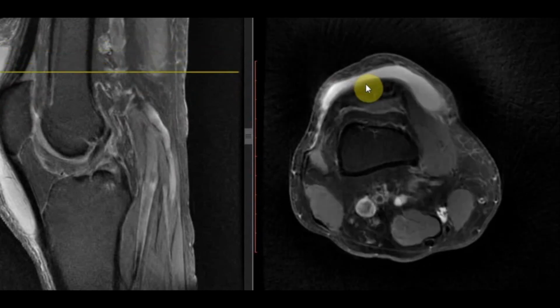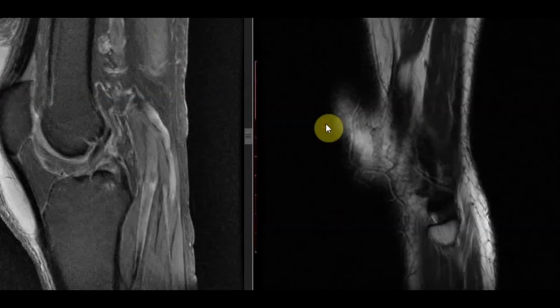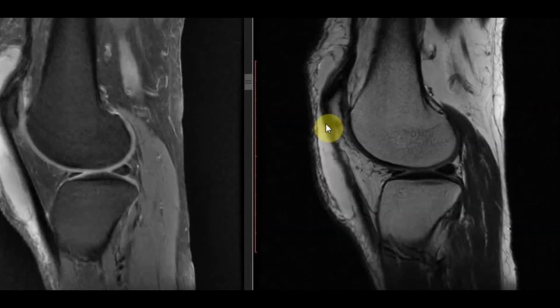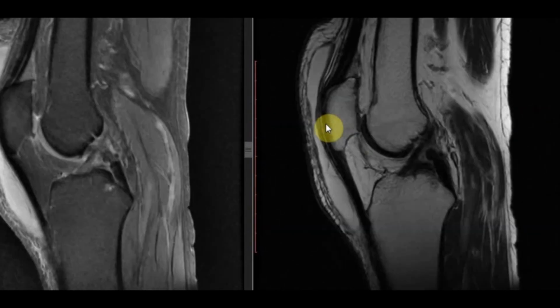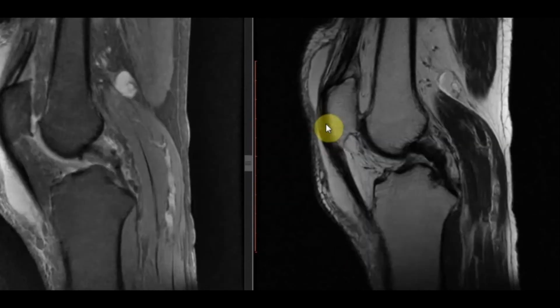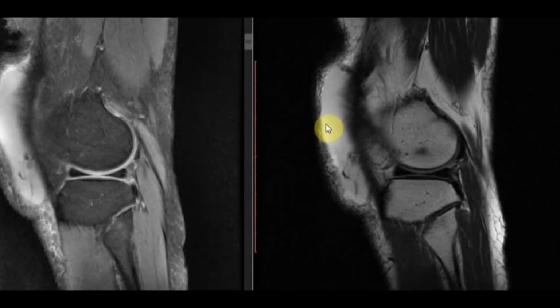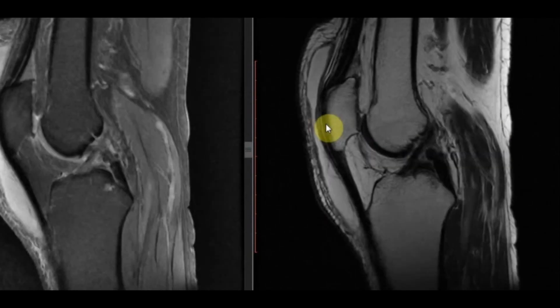There is no obvious history of trauma in this case. This patient is having extensive prepatellar and superficial infrapatellar bursitis. There is a large collection anterior to the patella and patellar tendon within the subcutaneous plane.